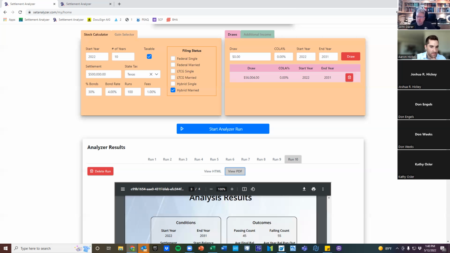Hey, Aaron. Looks like someone's asked a question about tax implications on the investment portfolio. The quick answer to that is the algorithm built into the system understands the tax rates, both federal, state, and local, and depending on the type of investment and the type of profit gained, will effectively tax those on an individual basis, again, depending upon the state and the actual type of gain that's made.